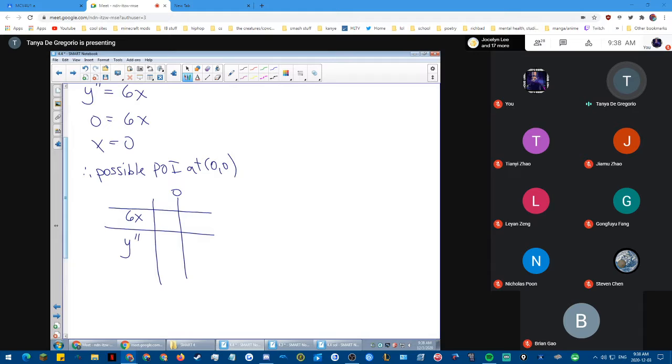You can very clearly see that it's negative, positive. Here we're concave down, here we're concave up. Because we are changing from concave down to concave up, we can conclude that this is in fact a point of inflection.